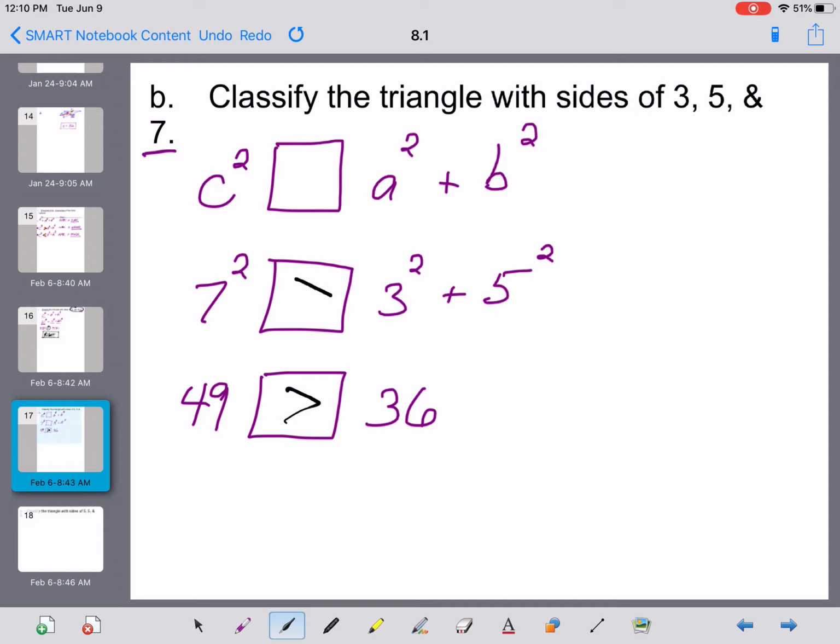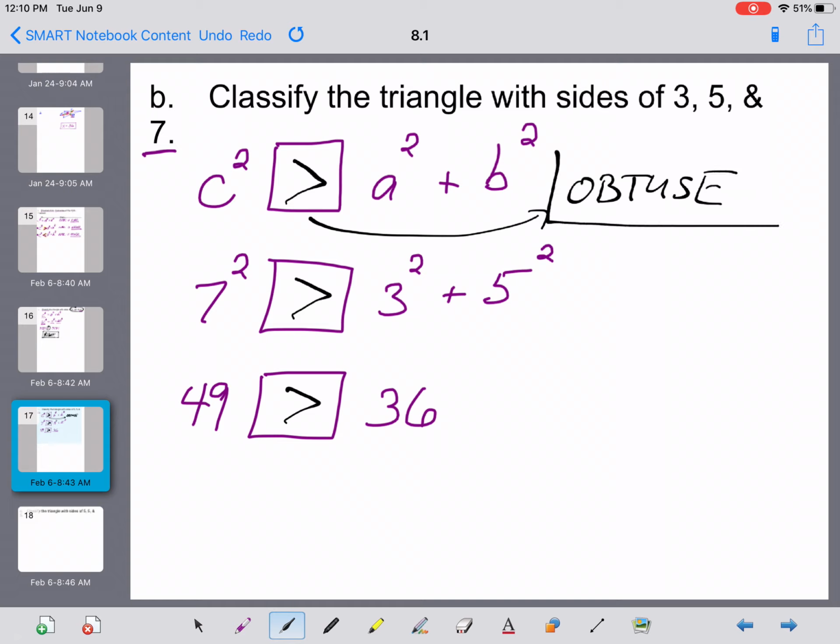Which means 7 squared is greater than 3 squared plus 5 squared, which means going up to the top of the ladder now, c squared is greater than a squared plus b squared. And when c squared is greater, greater means big, that means we are dealing with an obtuse triangle with side lengths of 3, 5, and 7.